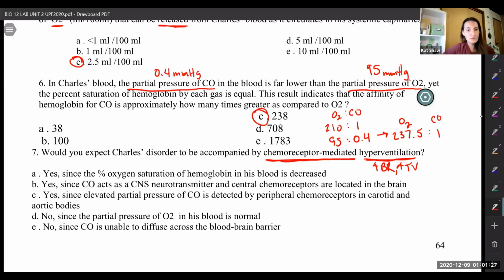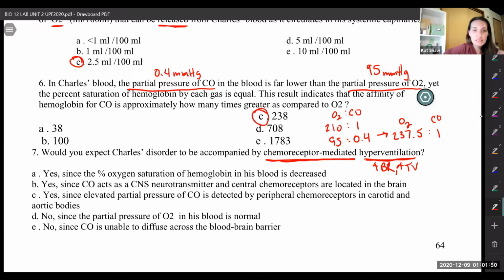When partial pressure of CO2 is above our 35 to 45 millimeters of mercury range, that's when we would expect the medulla oblongata respiratory center to begin triggering that change in ventilation, increased breathing rate and tidal volume, right?